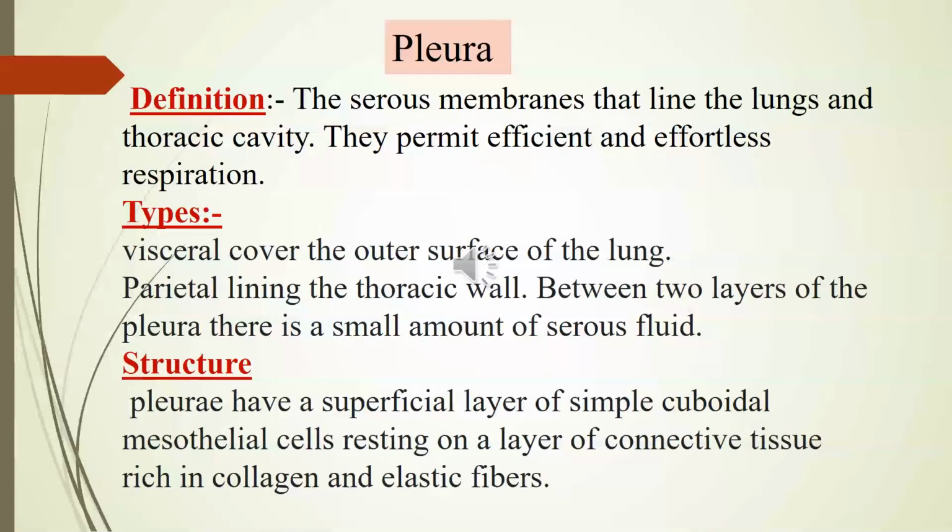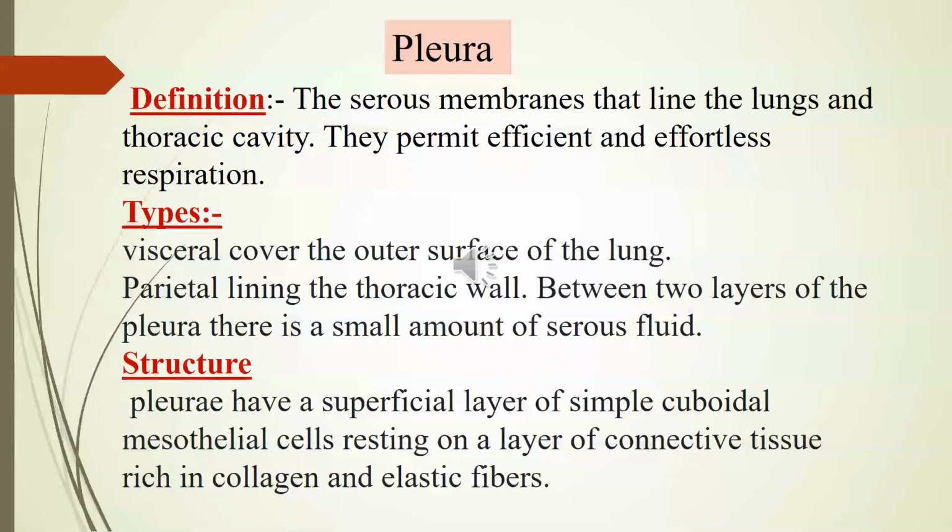What is the pleura? The pleura refers to a serous membrane that lines the lung and the thoracic cavity, or more correctly covers the outer surface of the lung and lines the thoracic cavity. They permit efficient and effortless respiration. Types of pleura: we have two different layers, the visceral pleura, which covers the outer surface of the lung, and the parietal pleura, which lines the thoracic cavity.